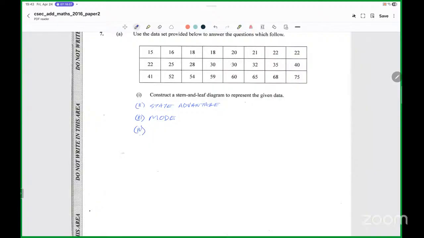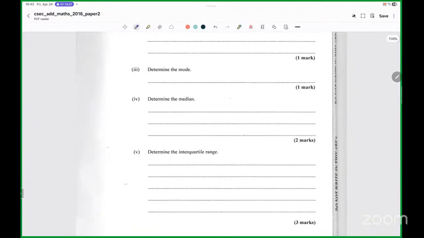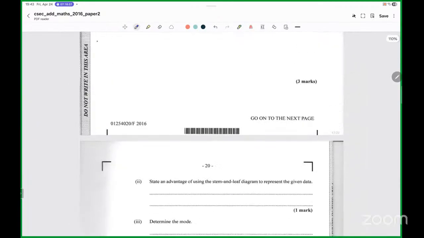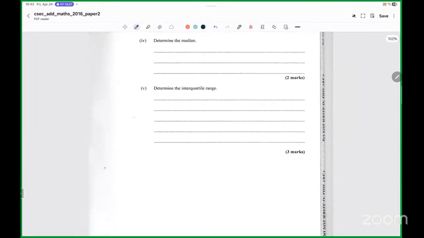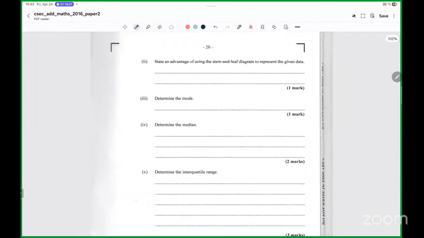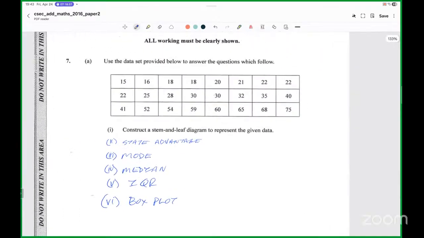Part 4: the median and interquartile range. Part 5: interquartile range. And part 6: do the box plot, the box and whisker plot. That's it for this question. Do this for me and then we're good to go.